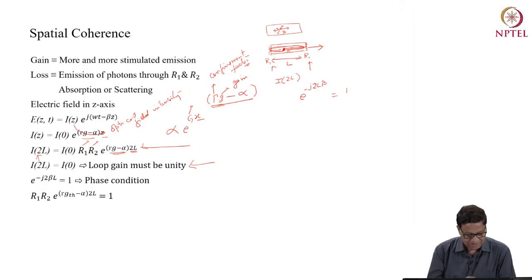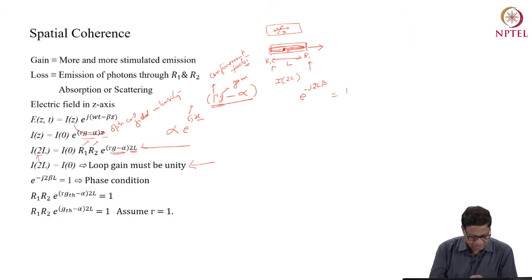So this g becomes g threshold, g_th. Without loss of generality, I can assume this gamma to be 1, so this becomes a little easier: R1 R2 e raised to the power (g_th minus alpha) into 2L is equal to 1.